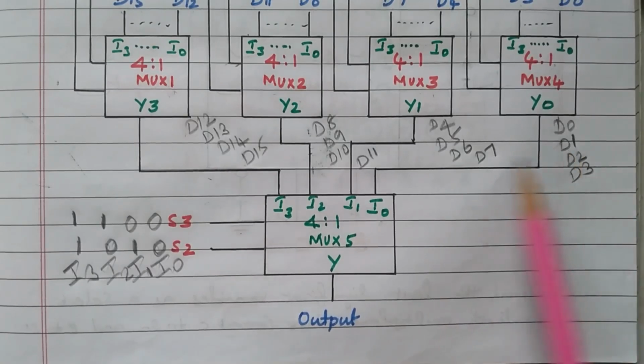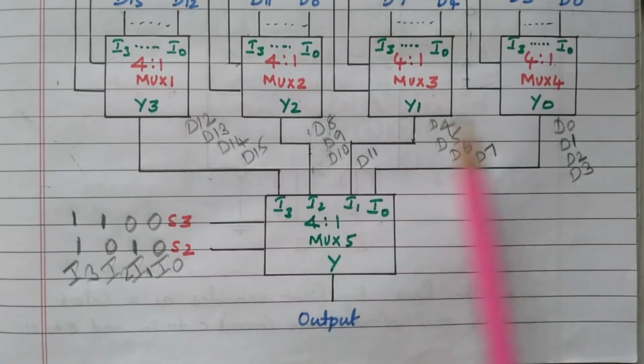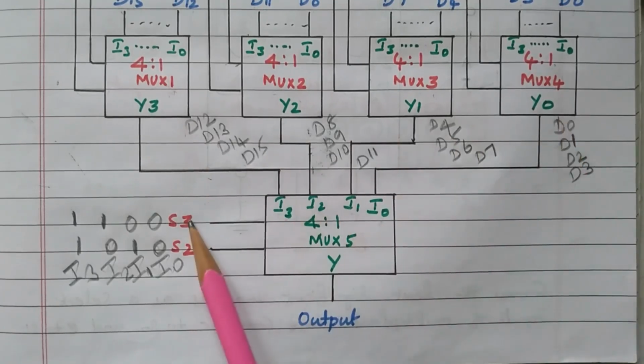Starting from D0 to D15, any one will be available as the multiplexer output, right? So these are all decided by the selection lines. First selection lines S1 and S0 will decide this data. Then S3 and S2 will decide this output. So finally we got only one output.